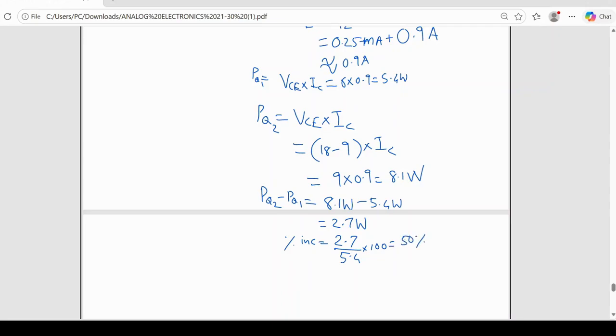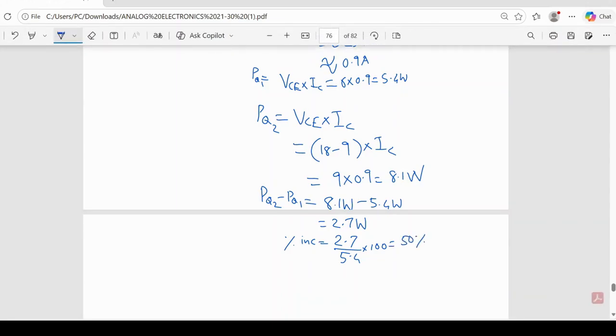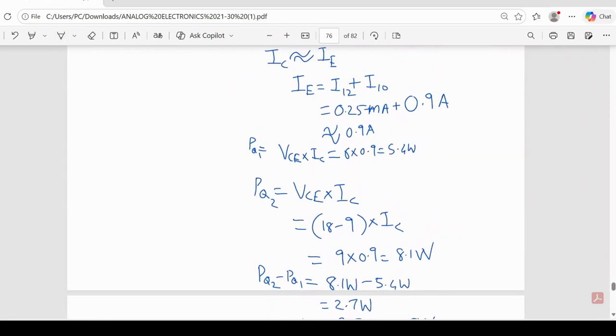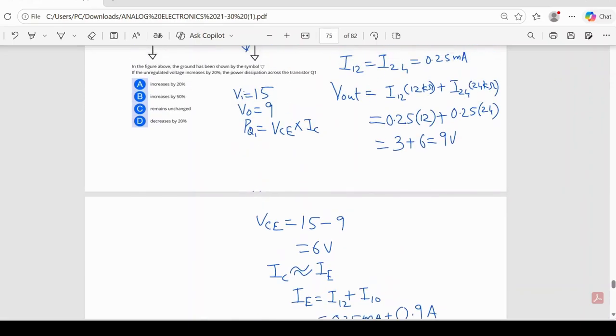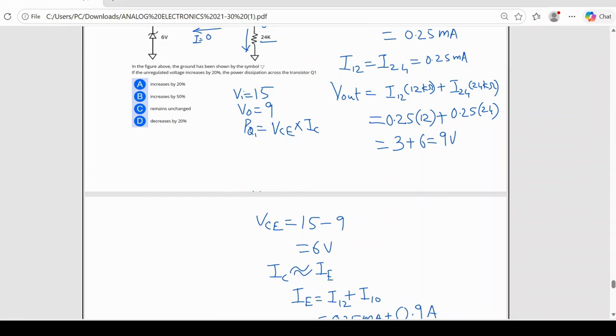So the answer is that the power dissipation increases by 50%.